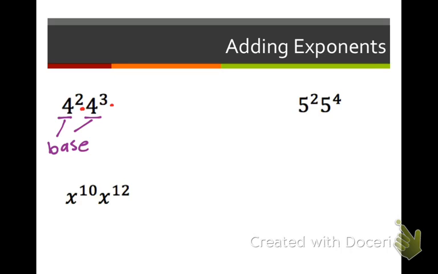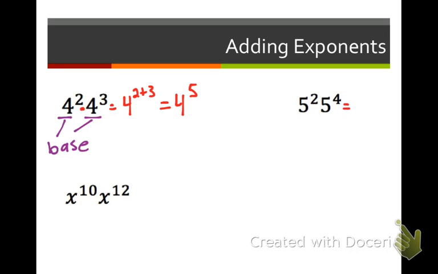What we can do in this case is we keep the base 4, and then we add the exponents 2 plus 3. And we know that 2 plus 3 is equal to 5. So once again, when they have the same base, we add the exponents and we keep the base.